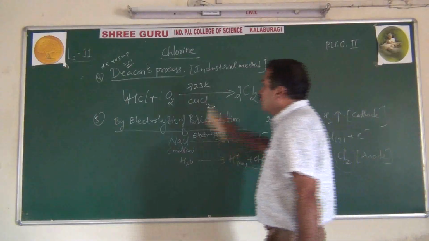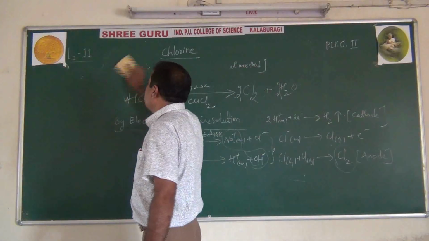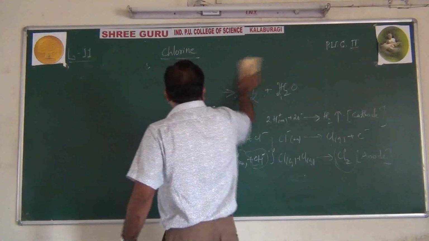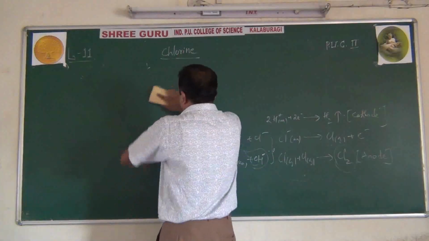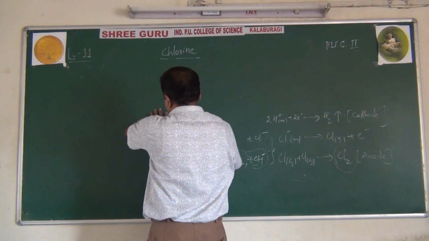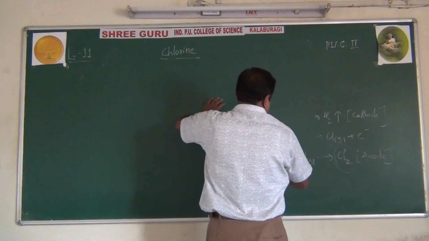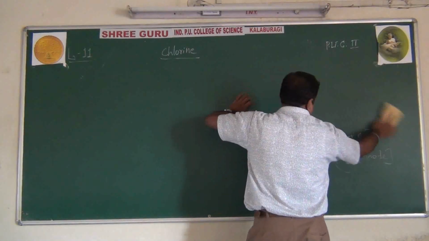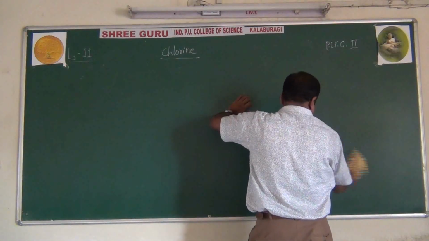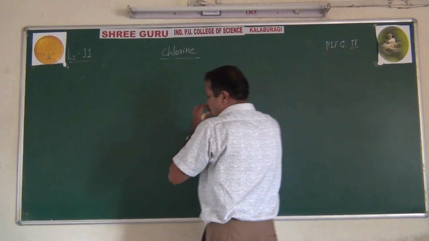Okay? Right. Now students, without wasting time, let us come to physical properties. What are the physical properties of chlorine? See, chlorine has a pungent odor, a greenish yellow gas actually.